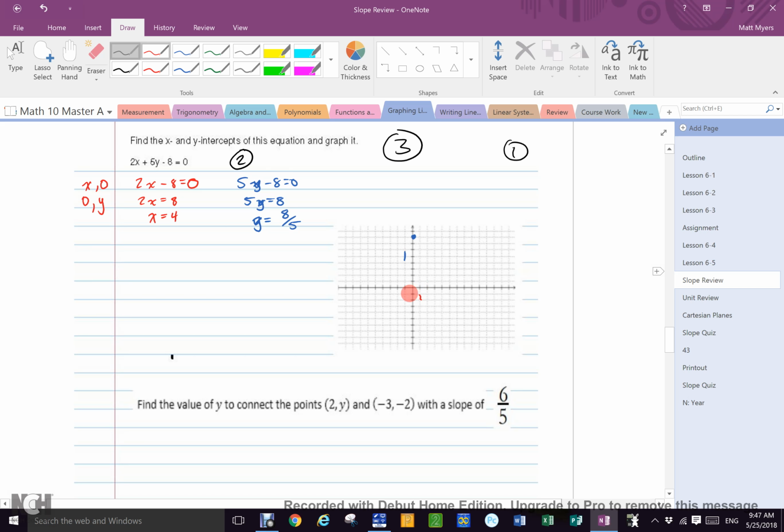Where do I go on the x scale? 4 to the right. 1, 2, 3, 4. Now, that line is correct. Listen to me carefully. What if I asked you to find the slope? Would it be 8/4?